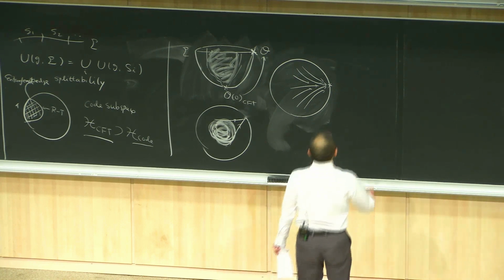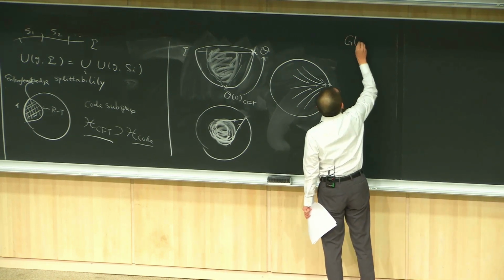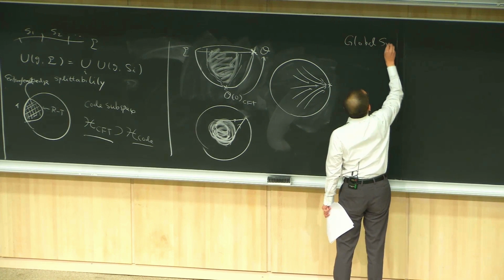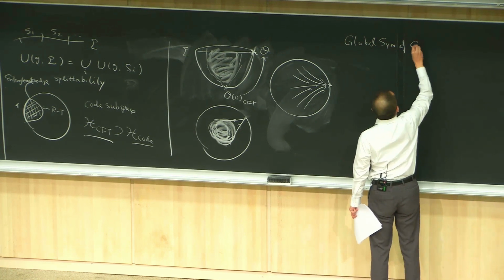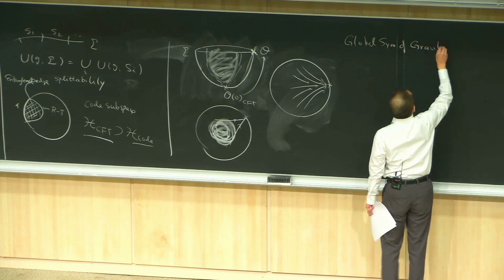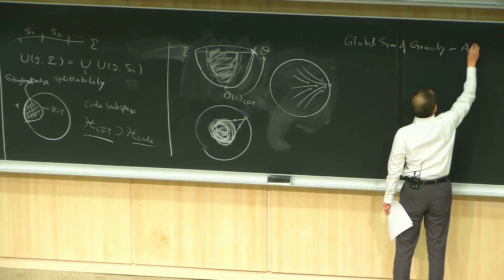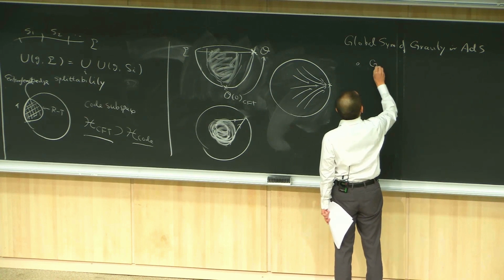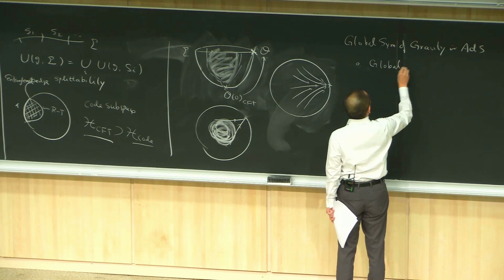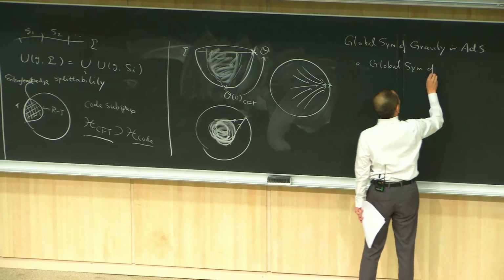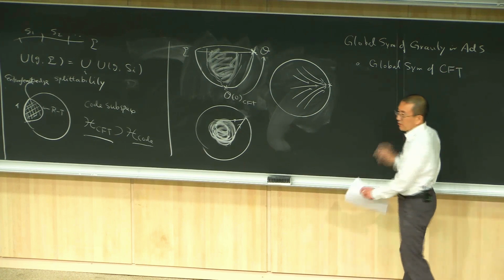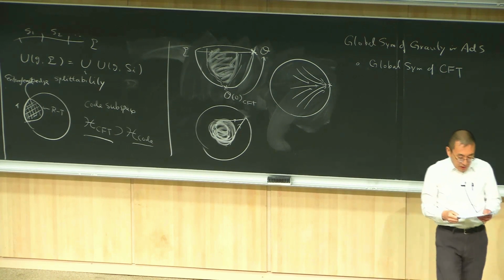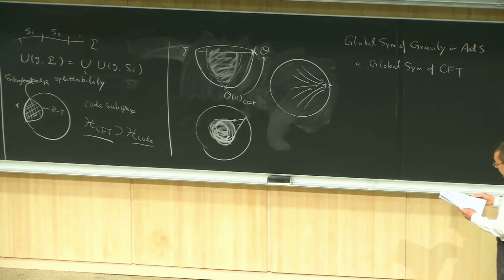So the global symmetry of gravity in ADS has to be, one, a global symmetry of the conformal field theory, which is dual to that of the ADS gravity.